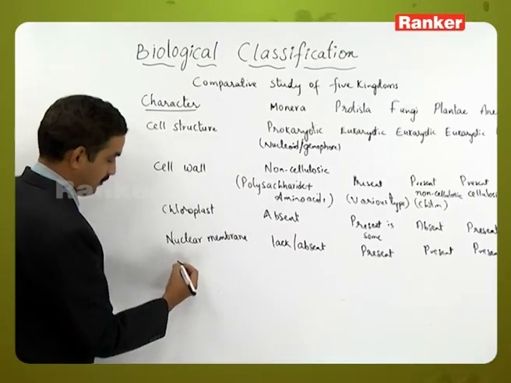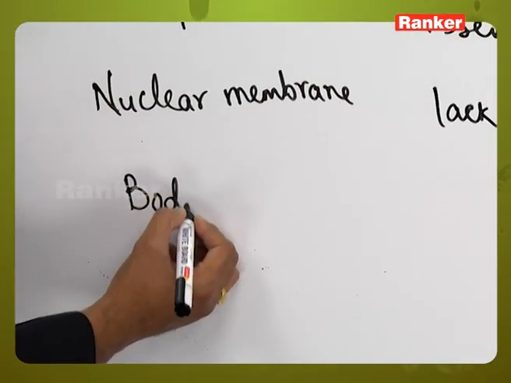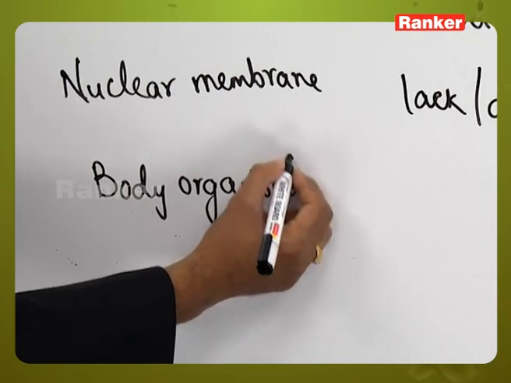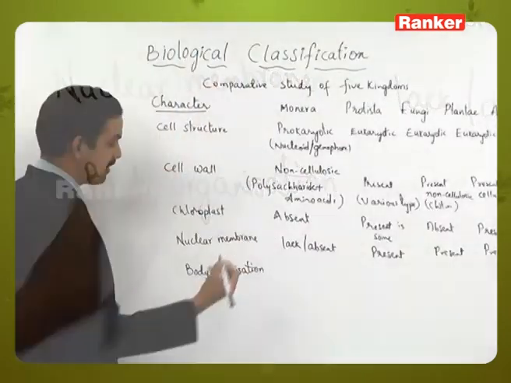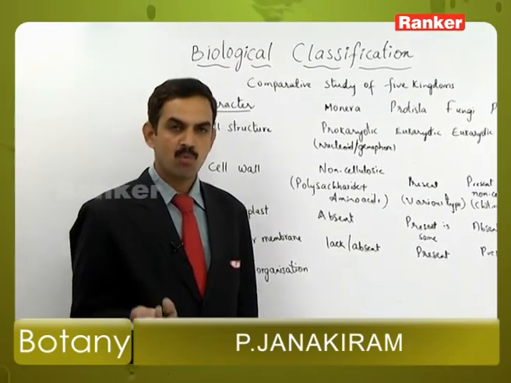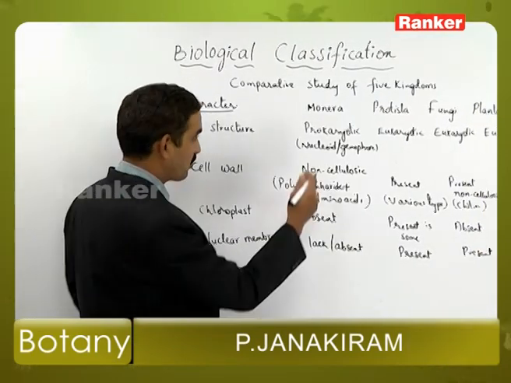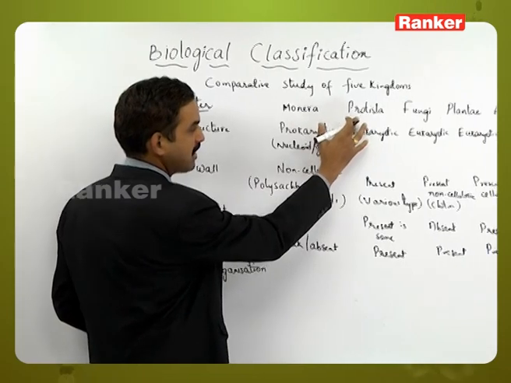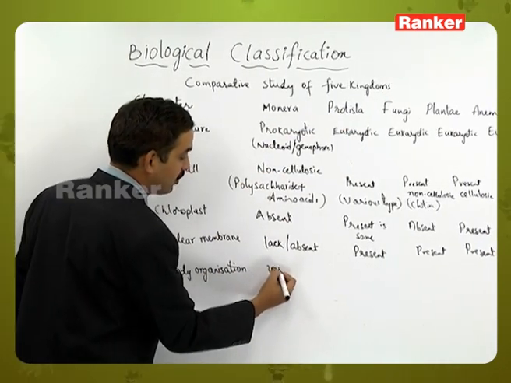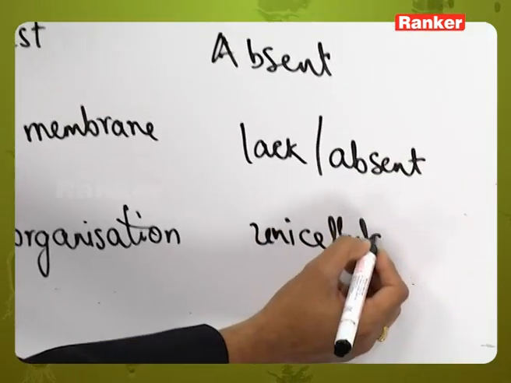Then body organization. Body organization includes whether they are made up of one cell or more than one cell. Based on that, we already said that Monera and Protista include unicellular organisms.